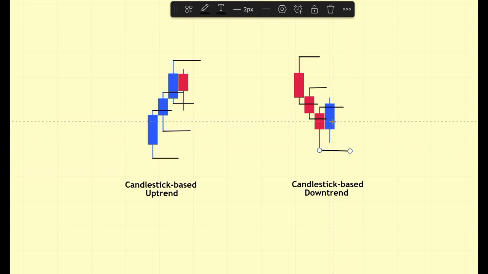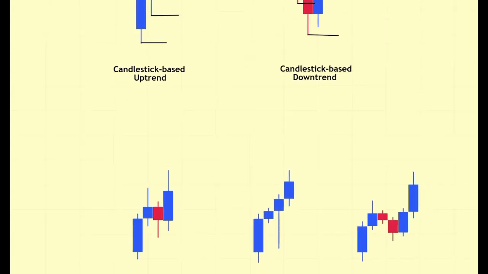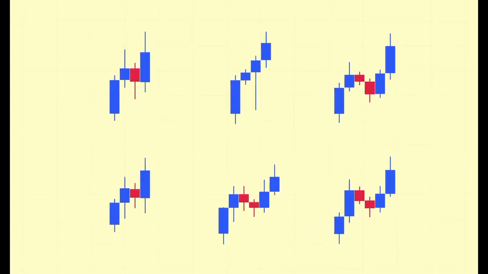This is the start of a valid pullback, or the end of that candlestick based downtrend. Now let's get over to the different scenarios of identifying a valid pullback, in either a bullish or a bearish scenario.